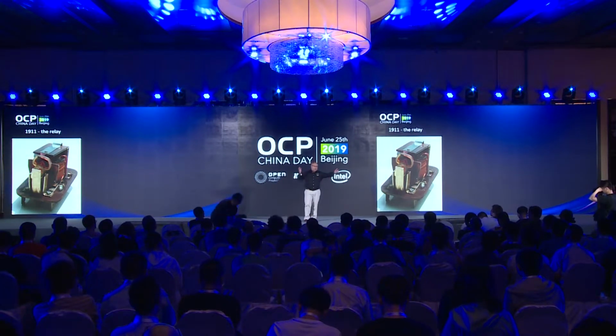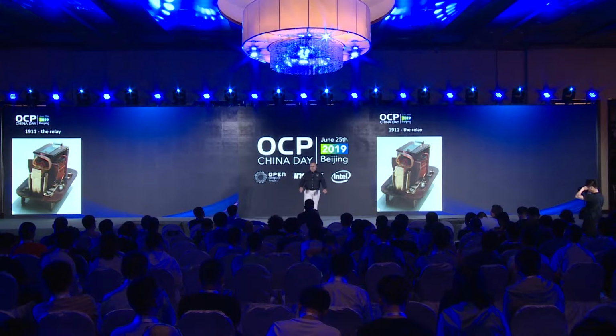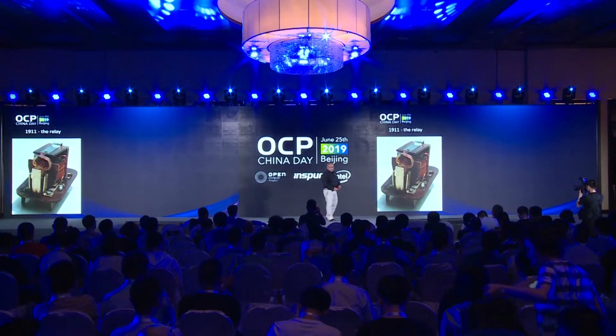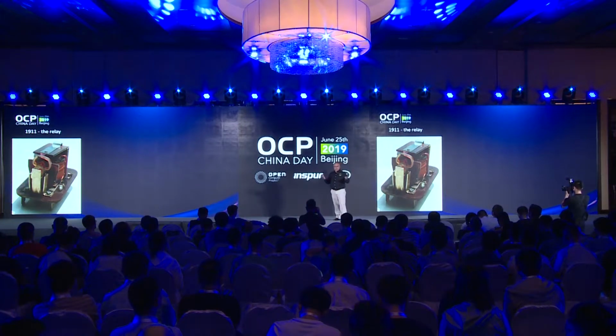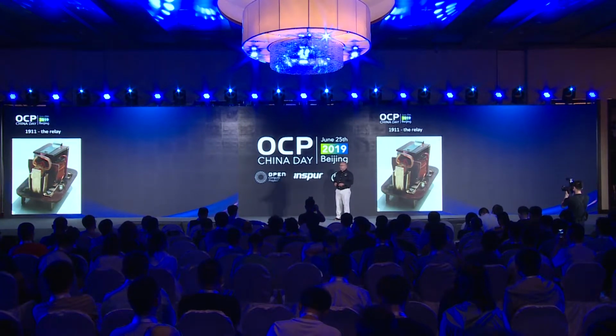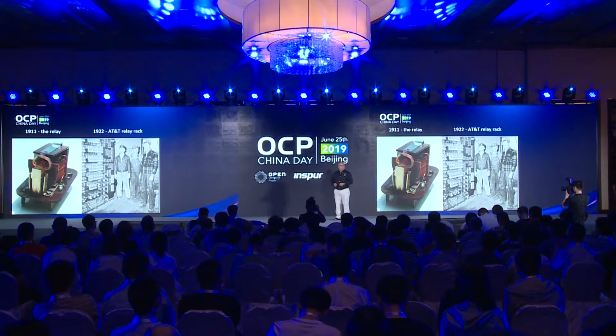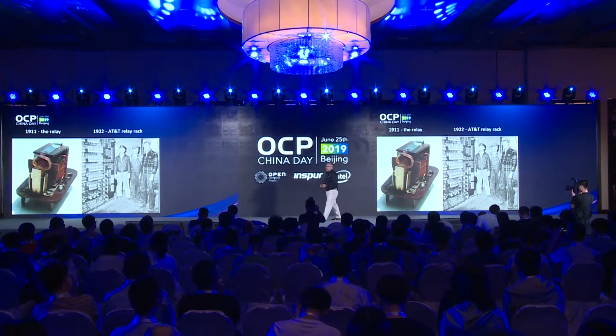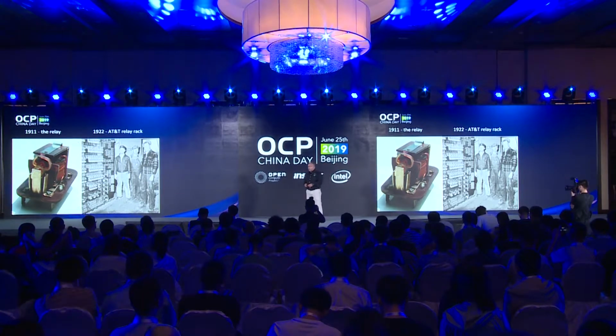And they stretched wires across America. There's probably an equivalent system here in China as well for long-distance communication. They put a bunch of these in a rack for switching, and this is what the relay rack looked like in 1922.